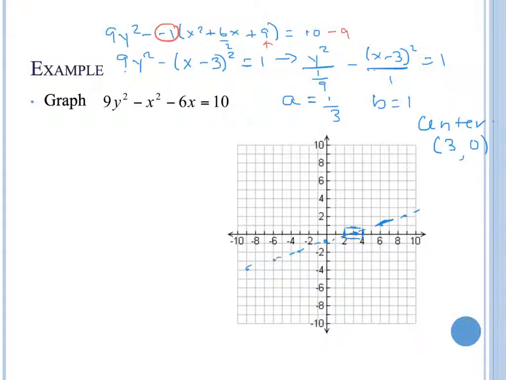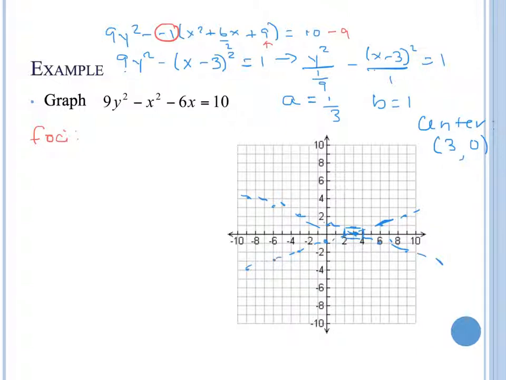And then if I go the negative way, okay, and I need to find my focus points.